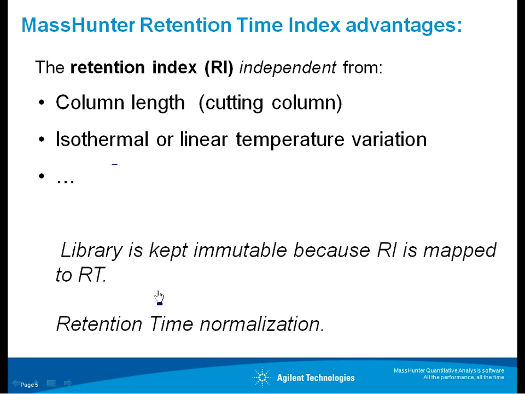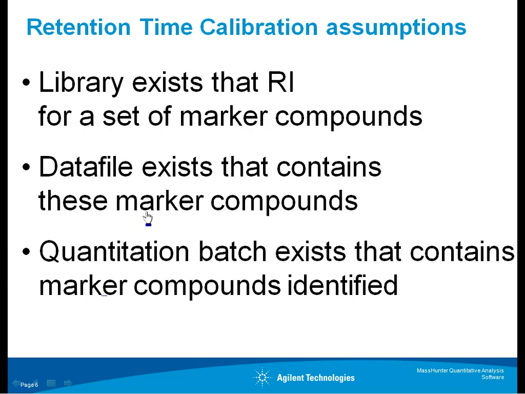There are other reasons, but let me just jump to the library is kept immutable because the retention indices are in the library, and this mapping that you're creating needs to be kept up to date. Let me mention that there is much more detailed information. If you go to a search engine like Google and type in retention time index, you'll come across an explanation of the kinds of series or ladders that are used in the industry.